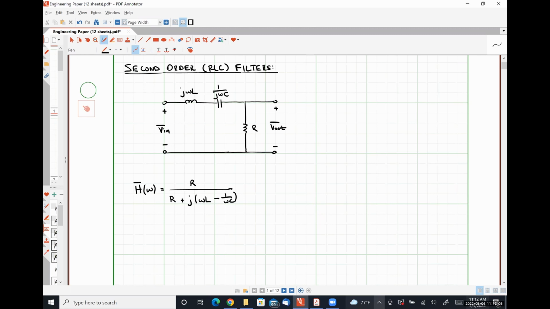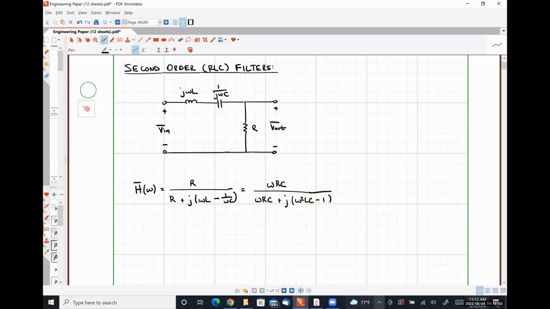In order to clear my fraction, I am going to multiply through by a factor of omega C over omega C. And this is going to give me omega RC divided by omega RC plus J times omega squared LC minus 1.